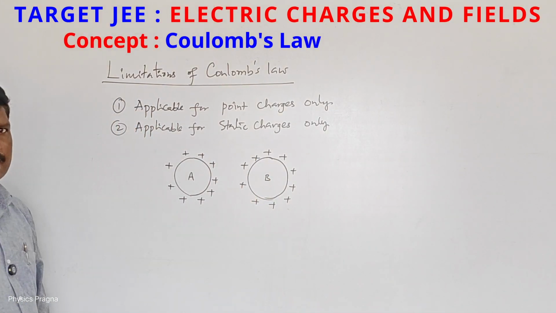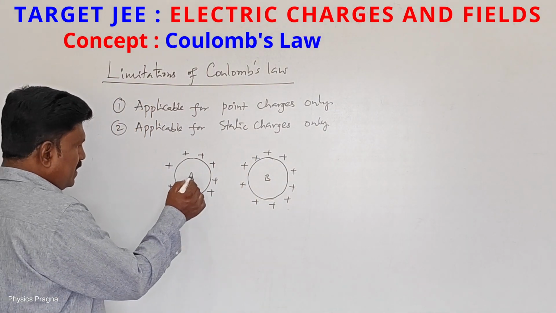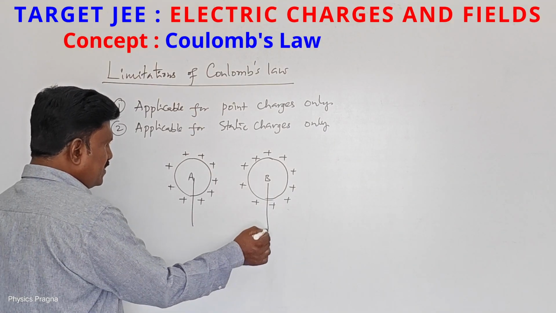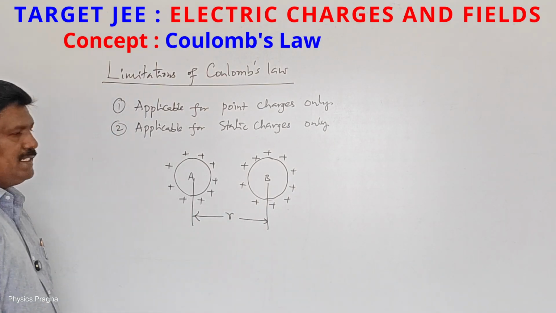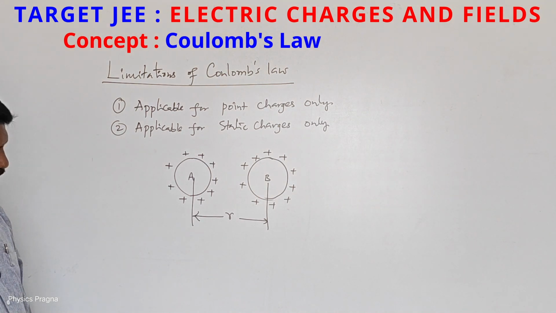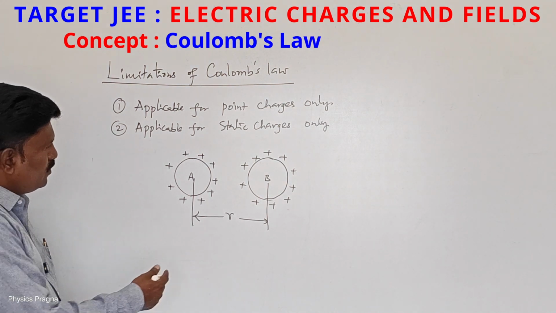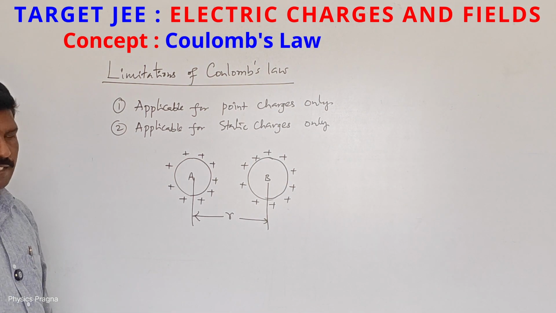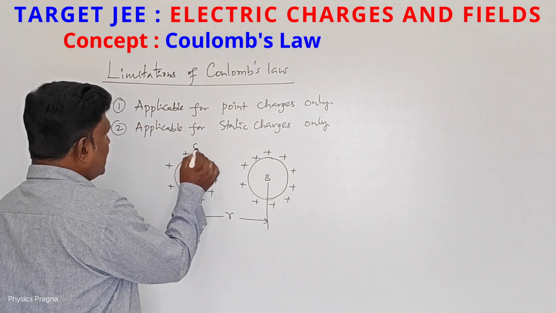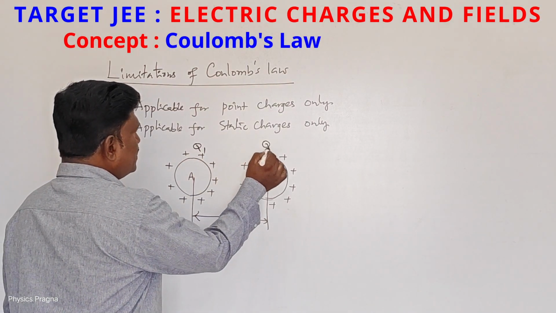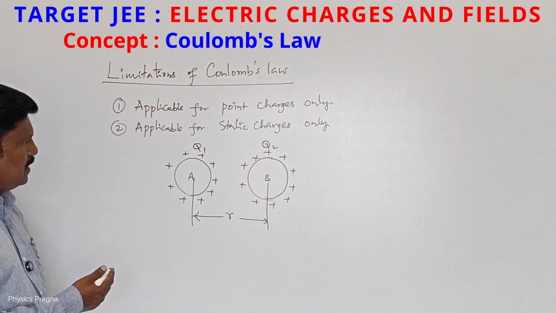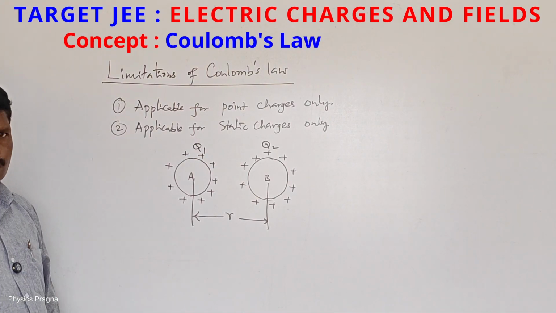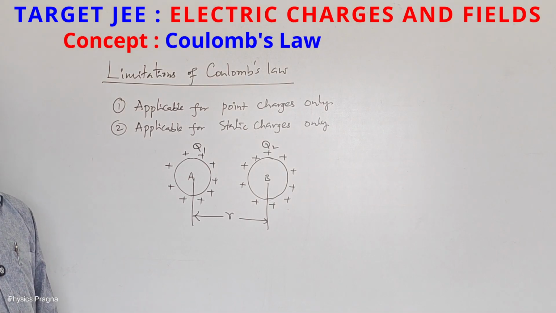Always when we are calculating the distance between them, we have to take the center to center distance. This is the distance between these conducting spheres. See, if we want to apply Coulomb's law, this charge is Q1, this charge is Q2. If I want to apply the formula KQ1Q2 by R square, I cannot calculate the correct force.